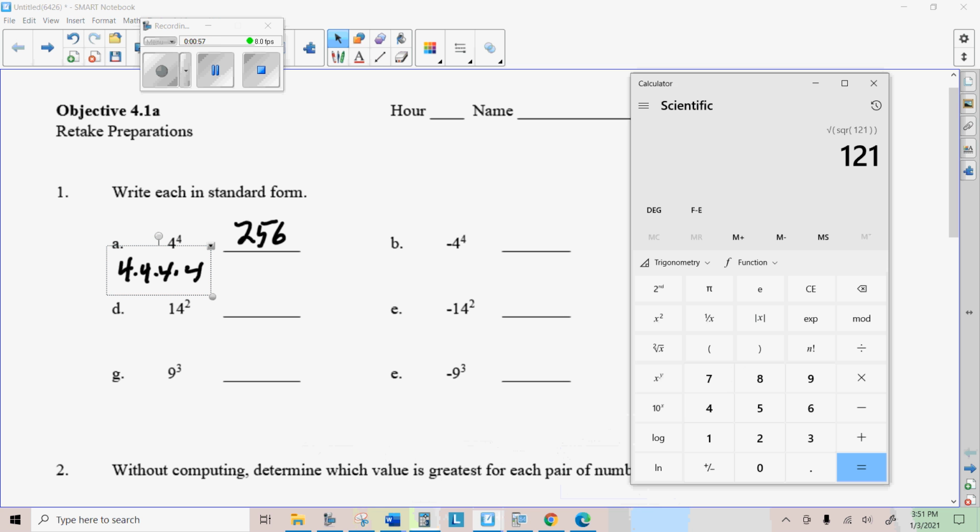If I do -4 on this calculator and then I raise it to the 4th power, it's actually going to do the problem wrong. It's going to tell me it's 256. On this kind of calculator, you actually have to do 4 to the 4th first.